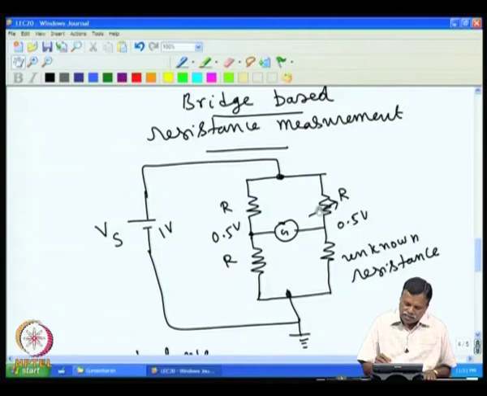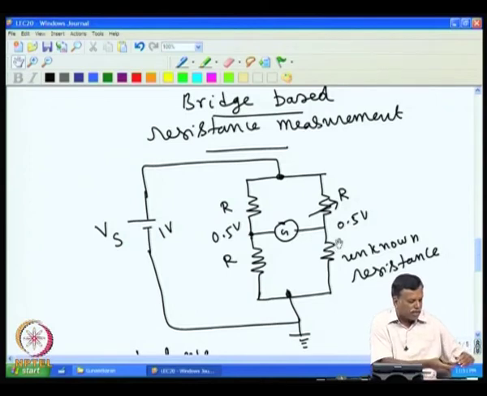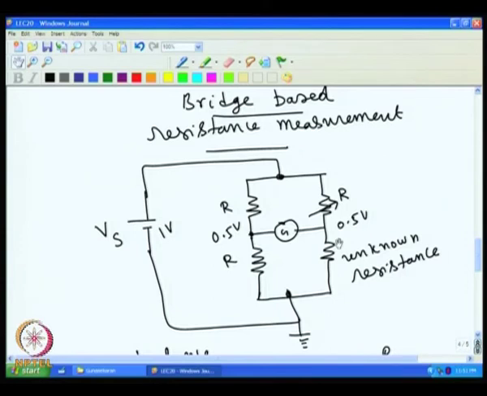Similarly, if this resistance is also manganin wire with very low drift, you find with temperature this point is also not changing.